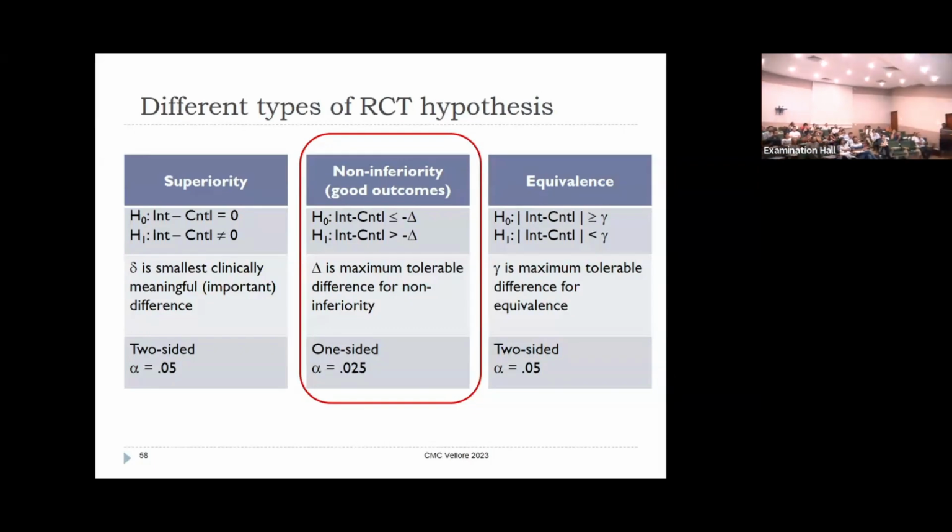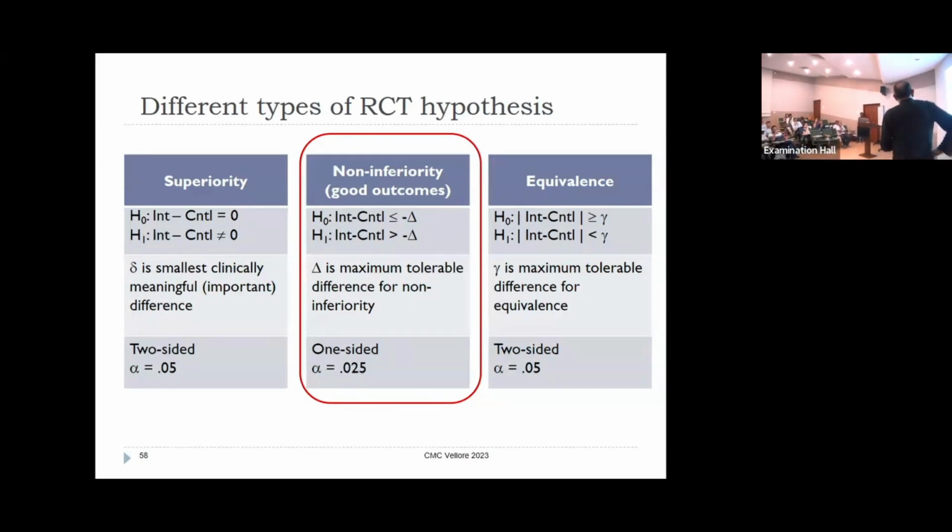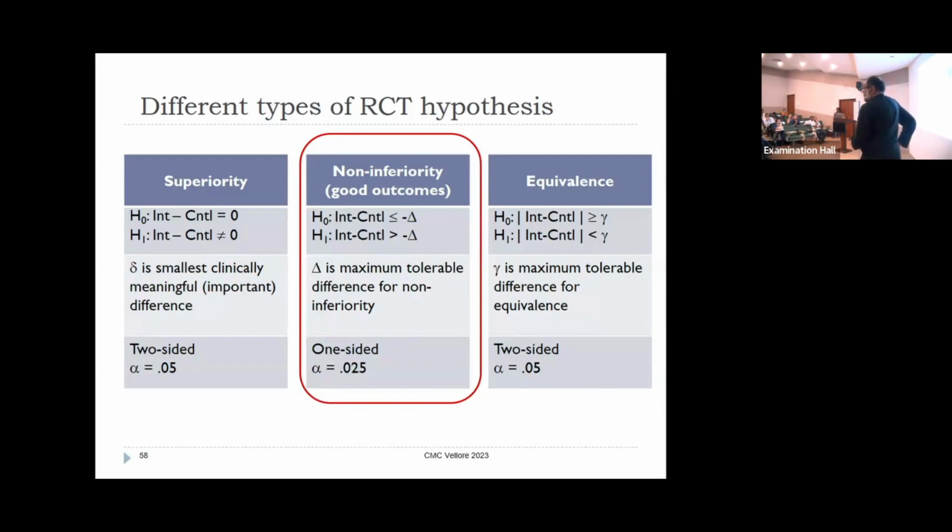For superiority, I want to show that the intervention is different from the control by an amount that is at least a meaningful difference. We call that little delta. And this little delta is an important concept, because when we talk about sample size, when Jason talks about sample size, you will see that that is what drives the sample size. That's how effective you think your treatment is going to be.